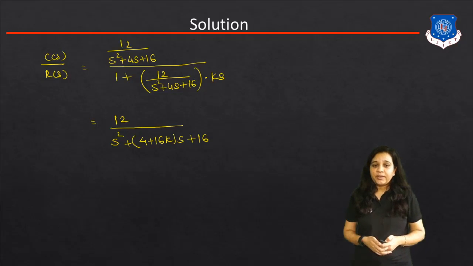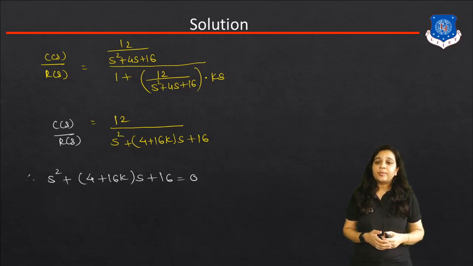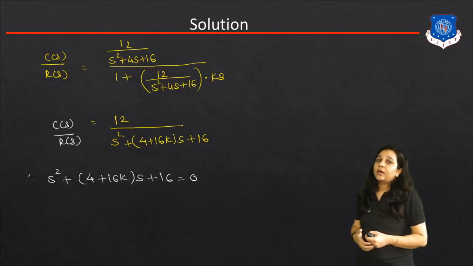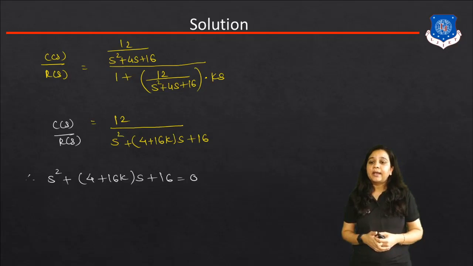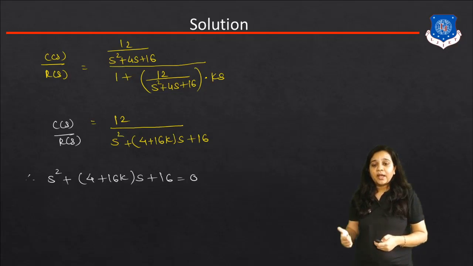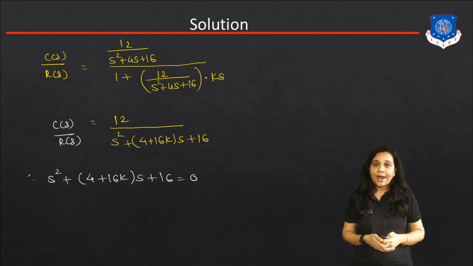Now the next step is to find out the actual second order system equation. The equation will become s square plus (4 plus 16k) into s plus 16 is equal to 0. Now we have to compare this equation with our standard second order system.